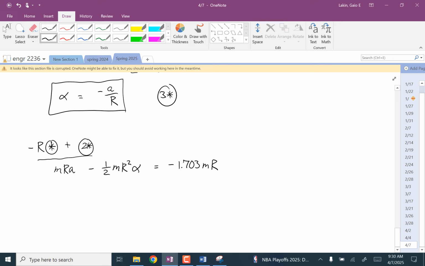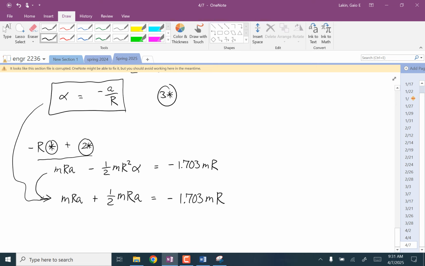And now I can plug equation 3 star into this. And so we have MRA minus 1/2, also, we have that negative there, so this is plus 1/2 MRA is equal to negative 1.703 mR. You can see here where the M's and R's cancel.